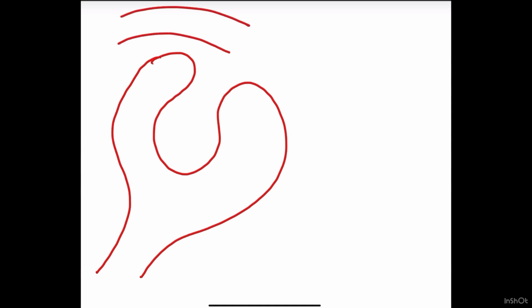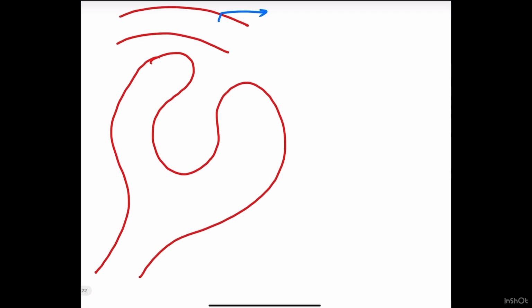This is the afferent arteriole. What happens here on the afferent arteriole? Adenosine, prostaglandin E2, and then some other thromboxane.